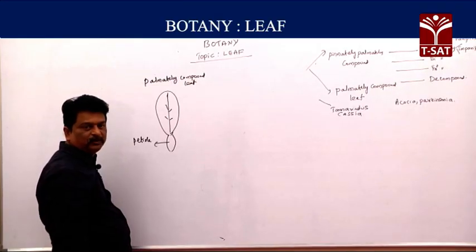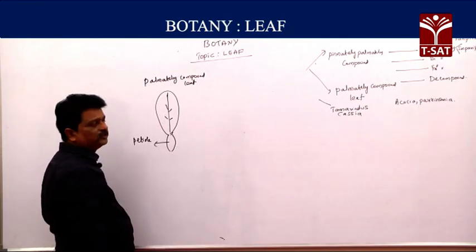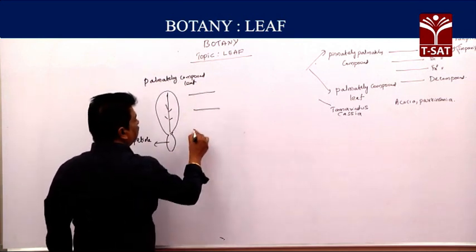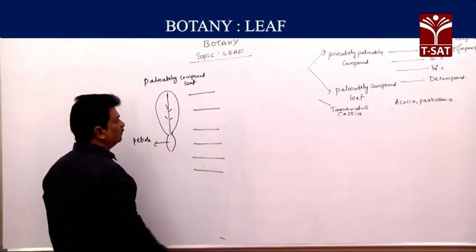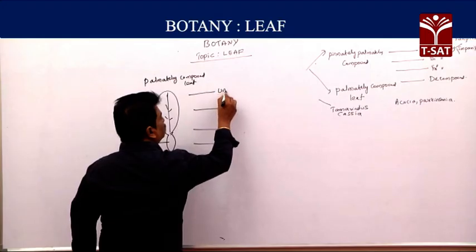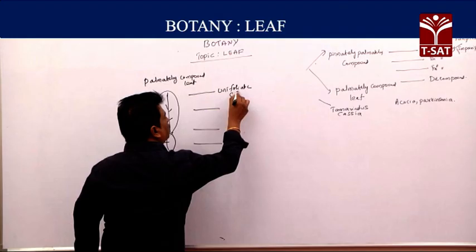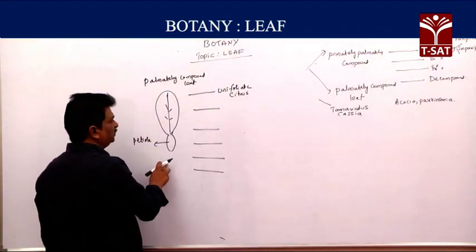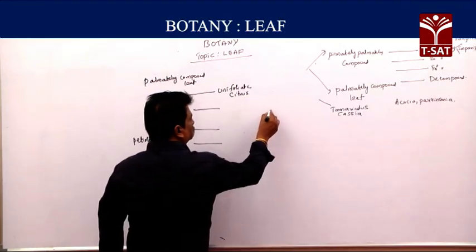In palmately compound leaf, the axils of leaflets are without axillary buds, and based on the number of leaflets, this palmately compound leaf is divided into 6 types. One is unifoliate compound. In unifoliate compound, only one leaflet is present at the tip of the petiole.